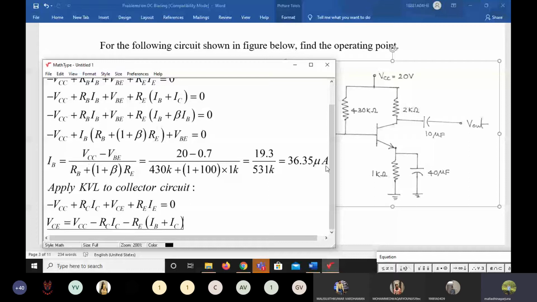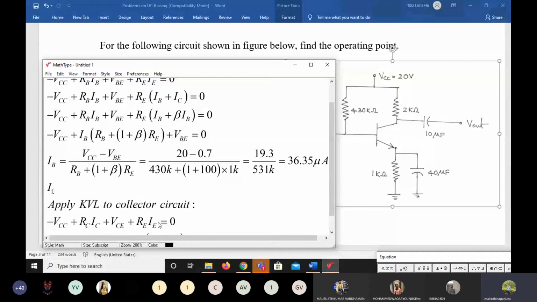But before this, we calculate IC also. We know that IC equals beta times IB.